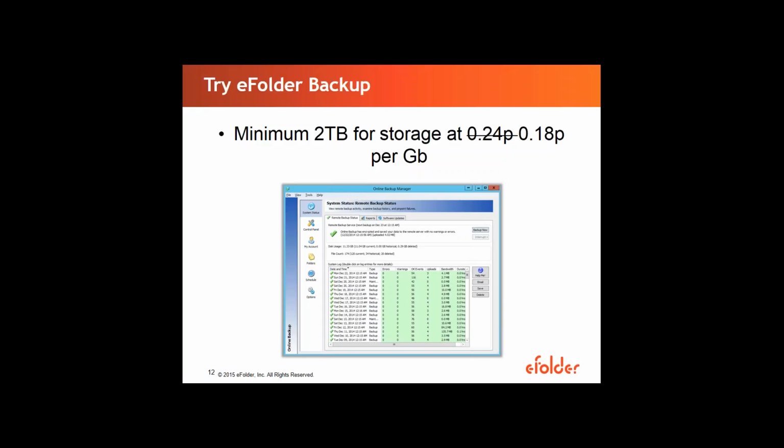But as a thank you for taking the time and joining today's webinar, we provided you with a special offer charging 18 pence per gigabyte. So watch out for the emails that we'll send out following this webinar, and our product specialist team will get in touch with you to see if you have any questions left or would like to schedule demos, etc.